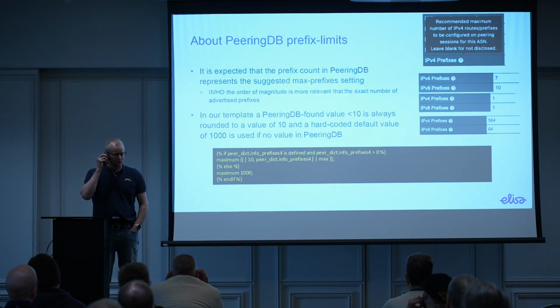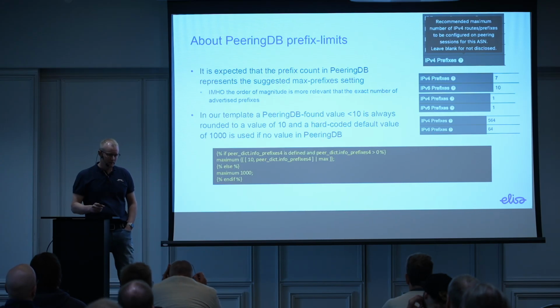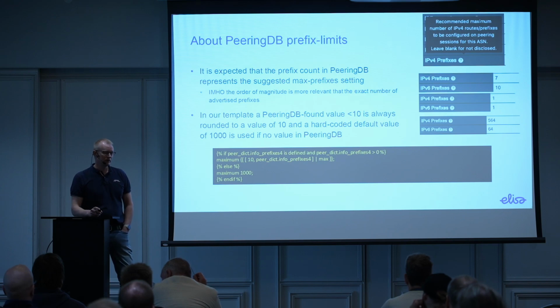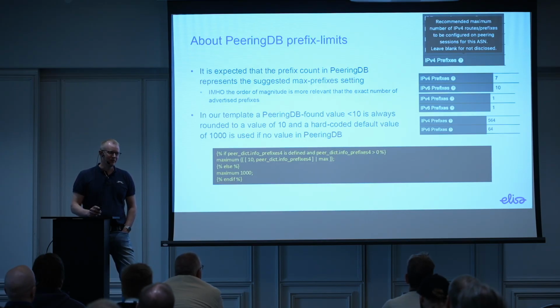Okay, then a couple of words about PeeringDB prefix limits. This is not strictly related to our template, but during the course of our migration, we have seen quite interesting numbers in PeeringDB max prefix numbers.